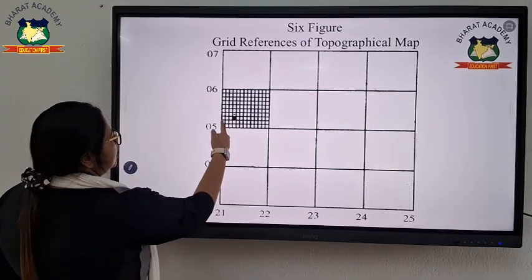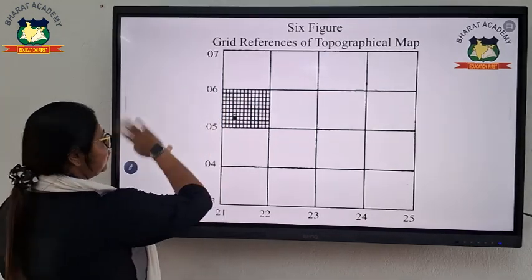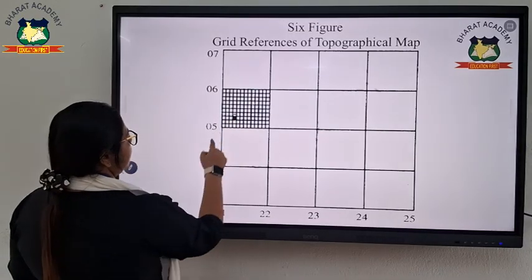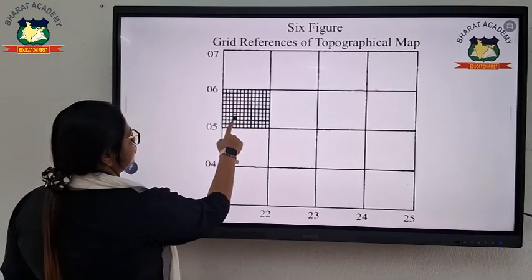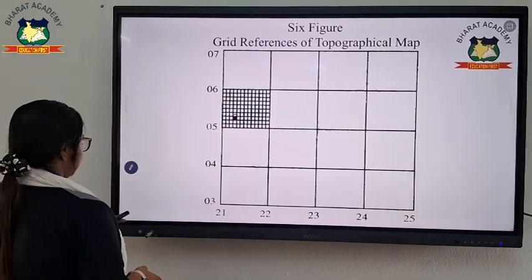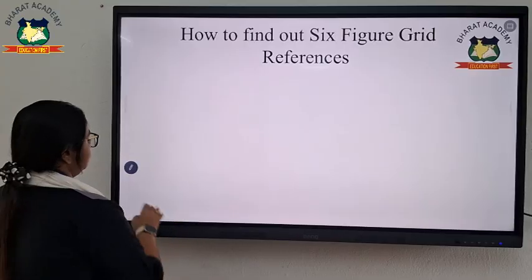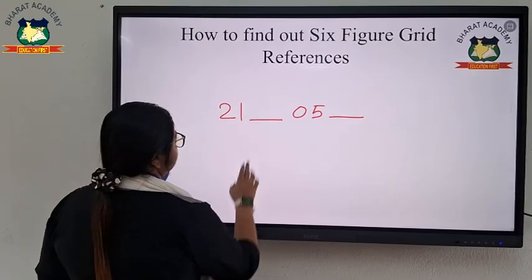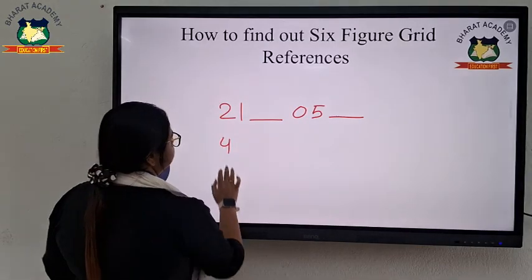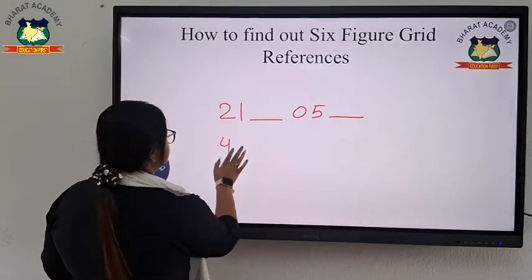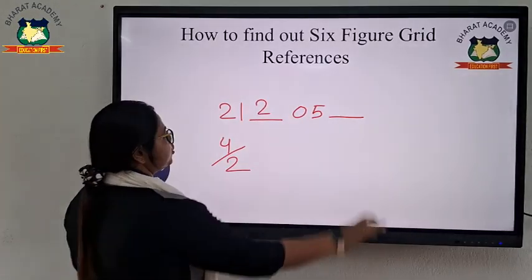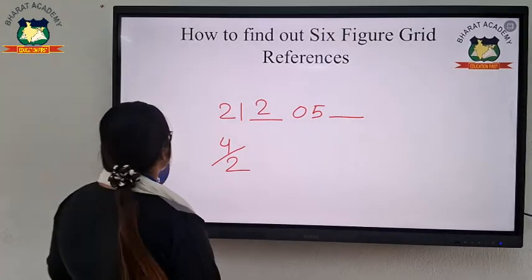I am counting from the left: 1, 2, 3, 4. Again I count 1, 2, 3, 4. So 4 lines. Again I move to the next slide to complete my calculation and find the number for this place. I found 4 lines. Simple, we divide 4 by 2. We get 2, the first value.